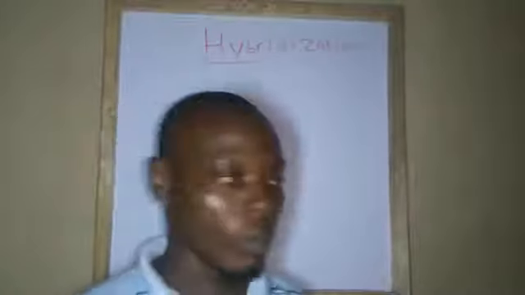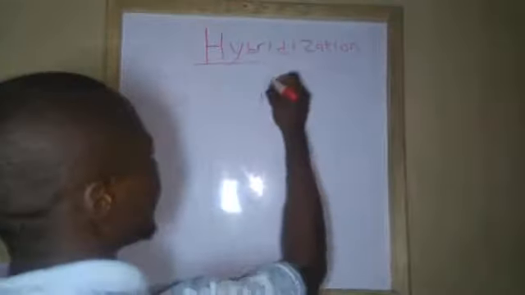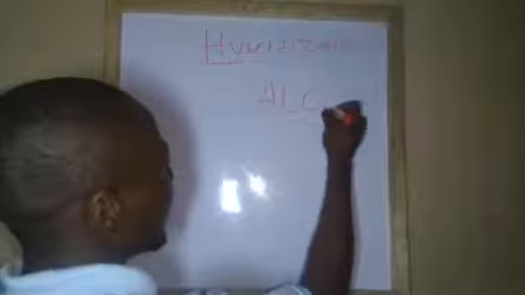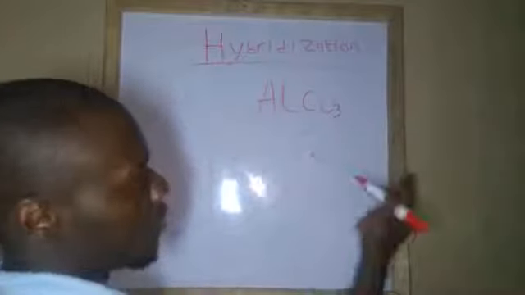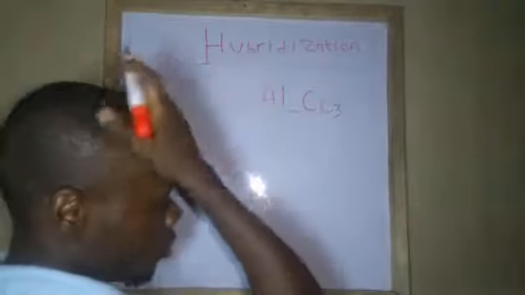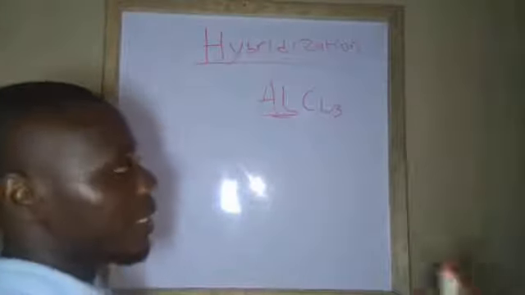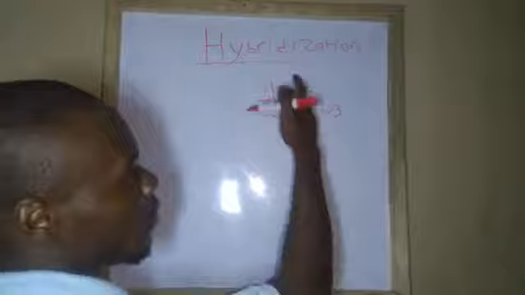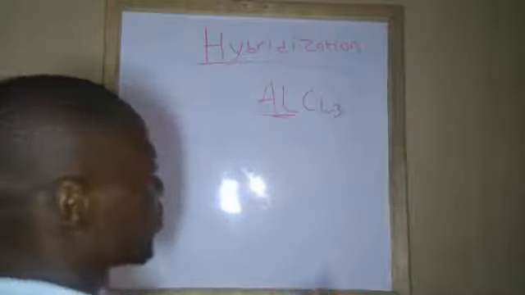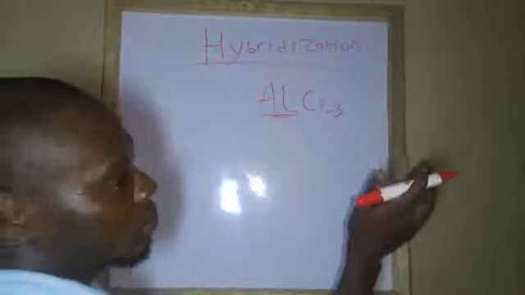The first compound I have here is AlCl3. Now, how do you determine the type of hybridization in AlCl3? What you do is this. This is the central atom, Al. You need to know the atomic number of Al, which is 13.